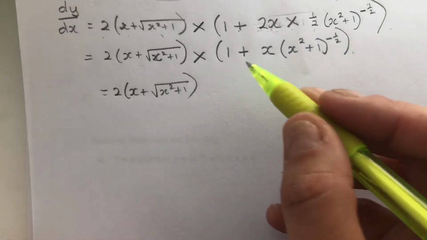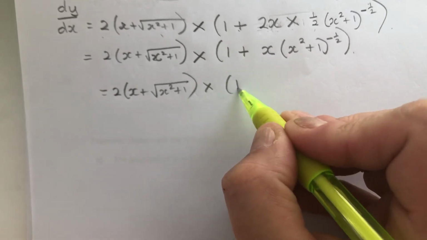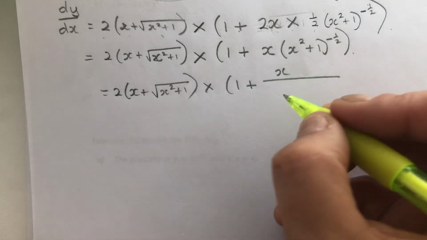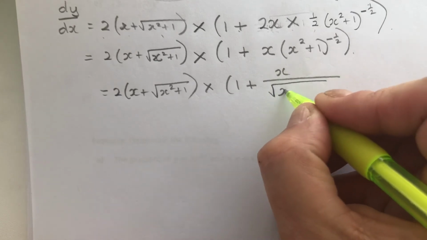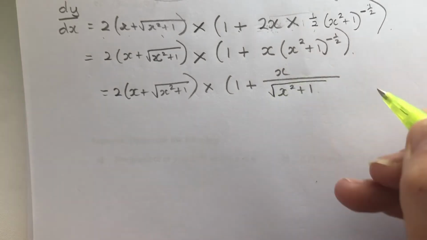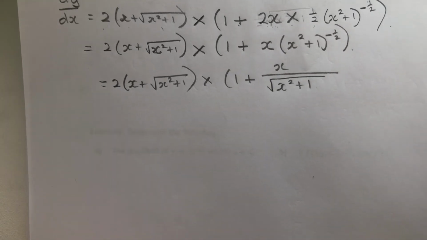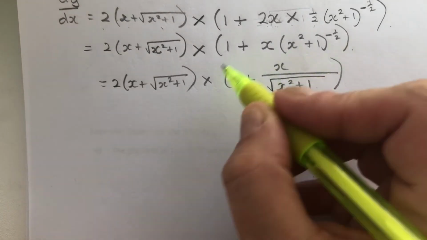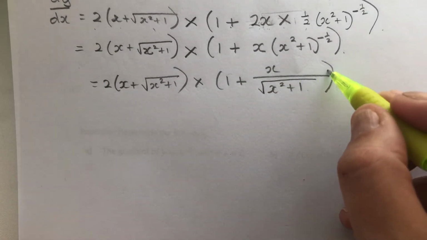I'm doing a lot of lines here just for those who might get a little bit confused. Now we're going to incorporate the 1 so that we can make this look a bit better.